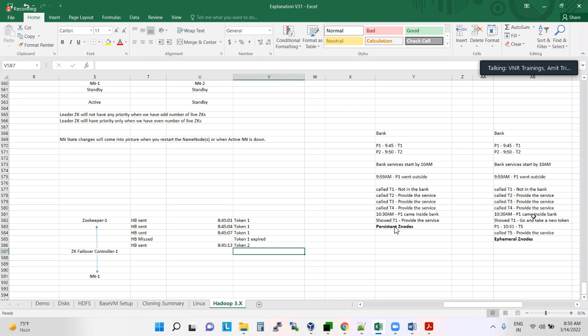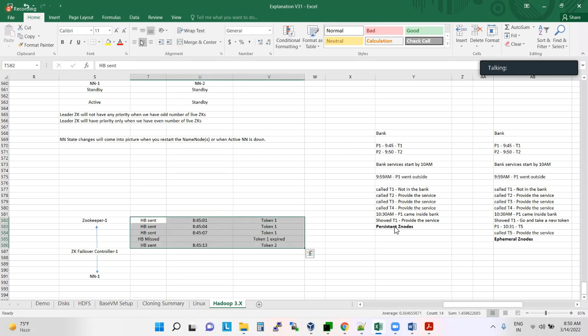Sir, one question. ZNodes are being used for quorum purpose, right? No, no. ZNodes or tokens are used to decide who came first, who came second. Sir, is a ZNode a service in Zookeeper, or what is it exactly? Can you come back?